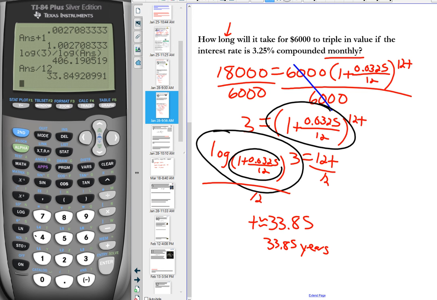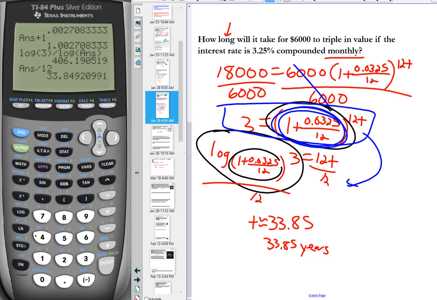Where? From here? So to get from this step down to this point, I needed to take the log of both sides. But the log, like the base of that log, has to be whatever the base of the exponent is, this big number. The reason why I didn't simplify this, because if you look at my calculator, it was filling up the screen.